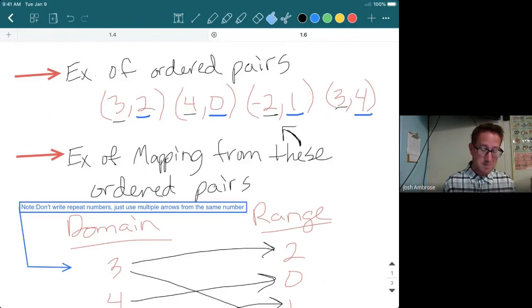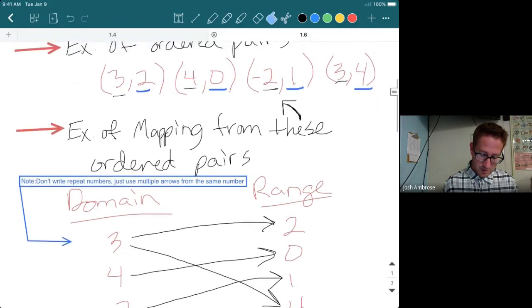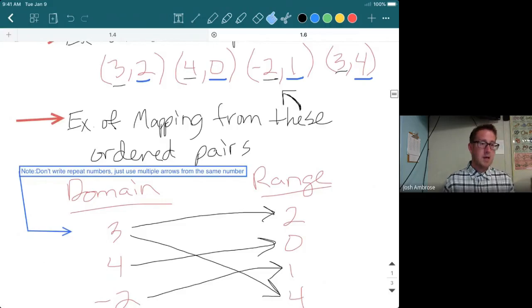Let's move into something maybe you haven't heard of. It's called mapping. Okay, mapping, by the way, we will still be using these ordered pairs. So mapping is basically when you list all the domains on the left, then you put all the ranges on the right, and you just draw arrows across saying this domain goes with this range, okay? But take a look at that blue note that we have there. Don't write repeating numbers, okay?